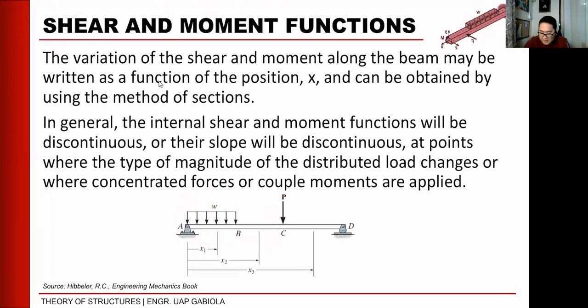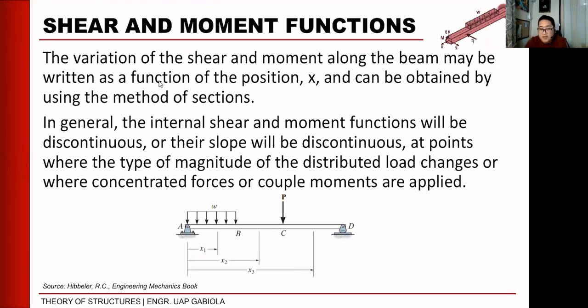And then makita natin dito sa point C, nagpatong ulit tayo ng additional load. So that will cause again a change in our internal forces. Kaya ngayon, ang gagawin natin, to calculate for the value of shear, kailangan magkat tayo ng section sa kung saan siya nagbabago ng loadings, no?